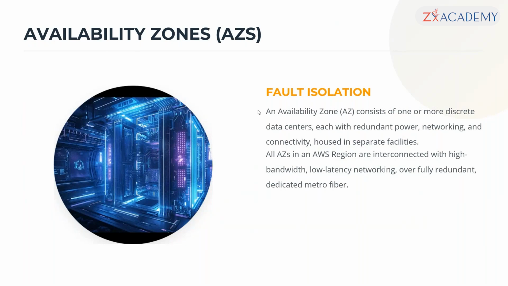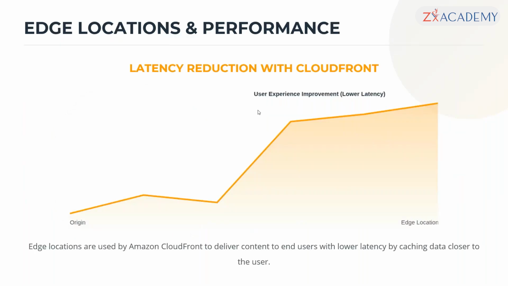Great. And then we have edge locations, for latency reduction with CloudFront. Now, what are these edge locations? These regions and availability zones, AWS can have them in particular geolocations. They cannot create these resources or regions in every city.